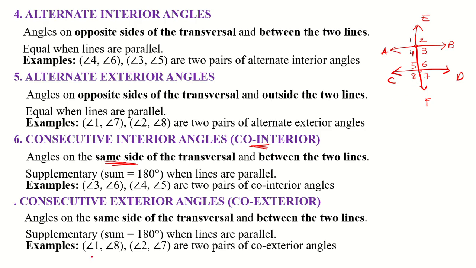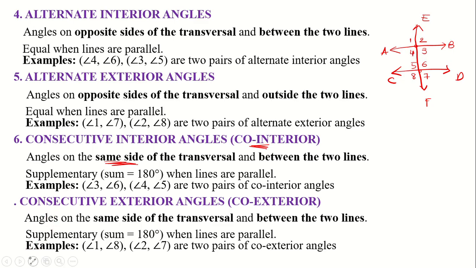They are 4, 3, 5 and 6. In these interior angles, which are the angles lying on the same side? They are angle 3 and 6. They are on the same side, as well as angle 4 and angle 5 are on the same side. So angle 3 and 6 is one pair of co-interior angles. Similarly, angle 4 and angle 5 is one more pair of co-interior angles.